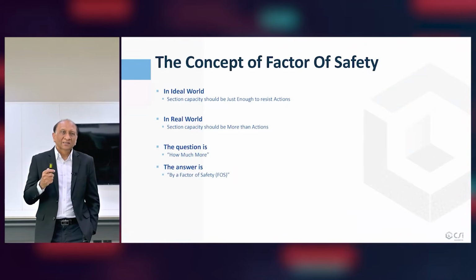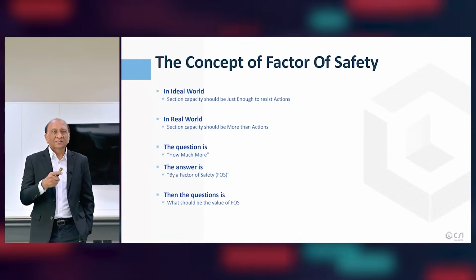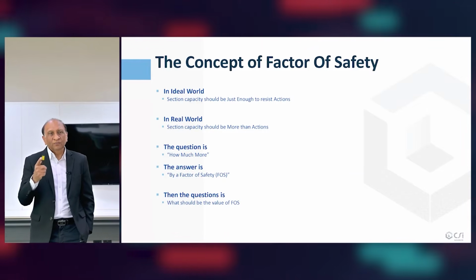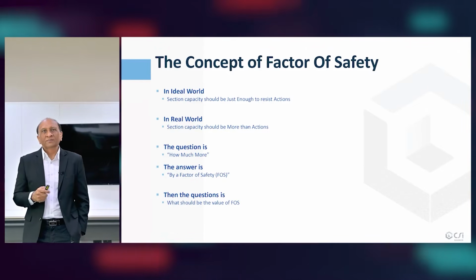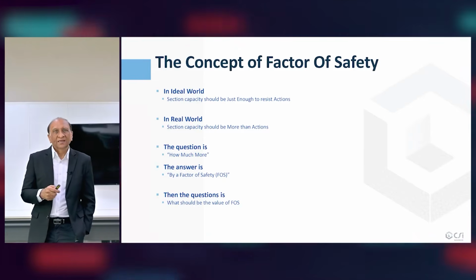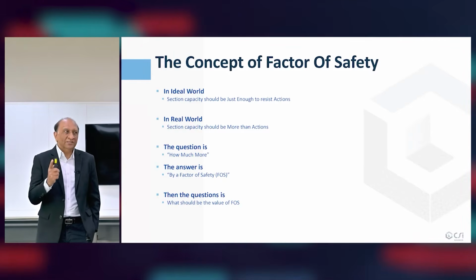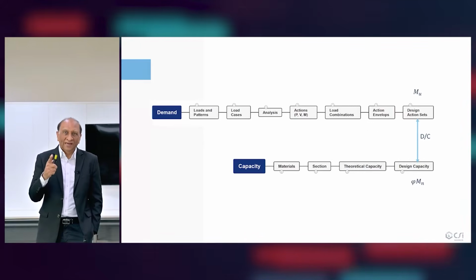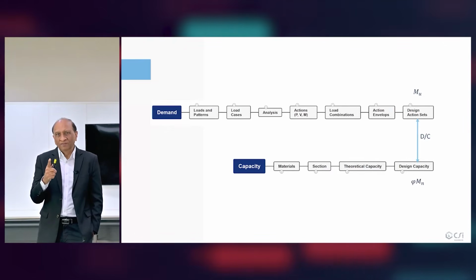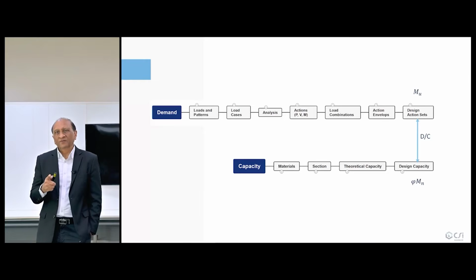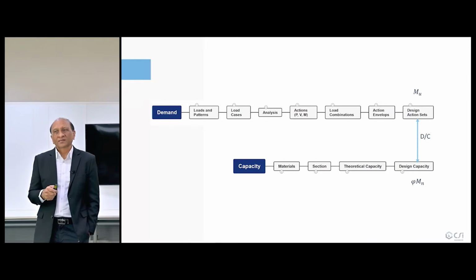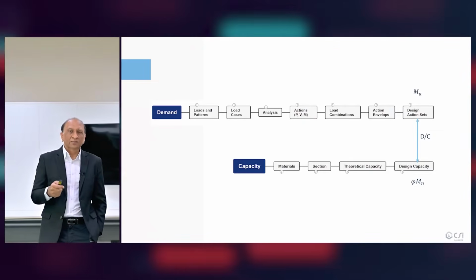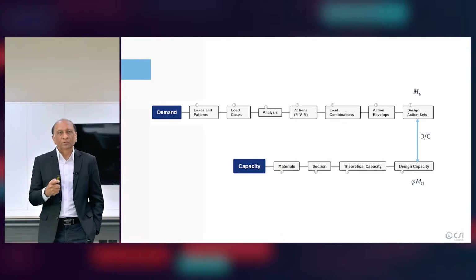This factor of safety is what we should include in our theoretical calculation of the capacity equations. So for that DC ratio, MU and phi MN, we now put a phi factor to reduce the theoretical capacity by a certain factor, and also increase the MU by a certain factor.